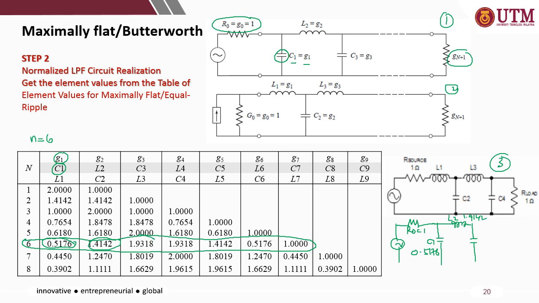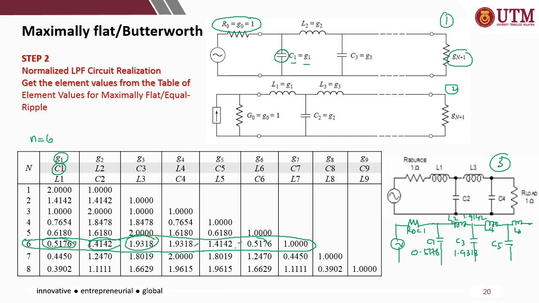Next, followed by the third component C3, it's 1.9318, and then another inductor L4. Put the values in, 0.93, and then you still have the fifth component, C5, 1.4142, and then you have another inductor L6.